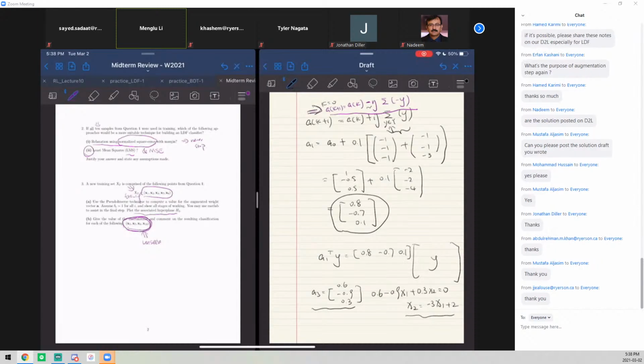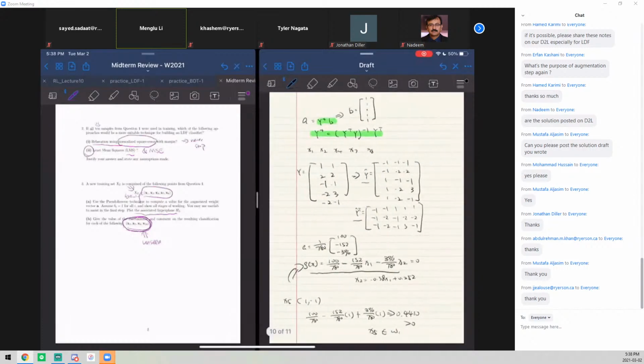And what's the purpose of the augmentation step? Augmentation step is, we can see here, we add one more degree to it, because in weight, we have bias weight, right? We have W0, W1, W2, we have a bias weight. So in the sample we add augmentation.